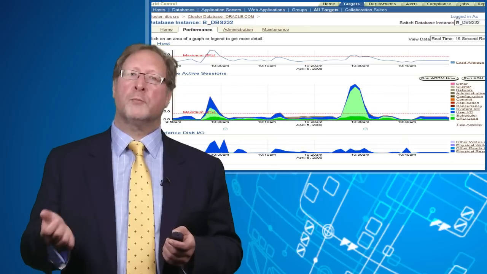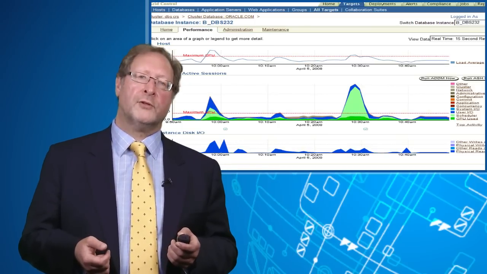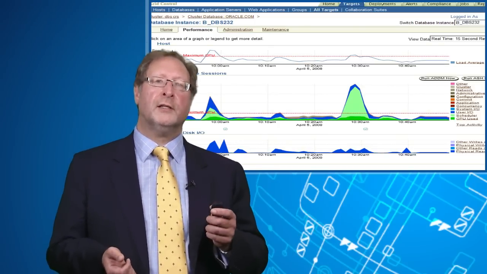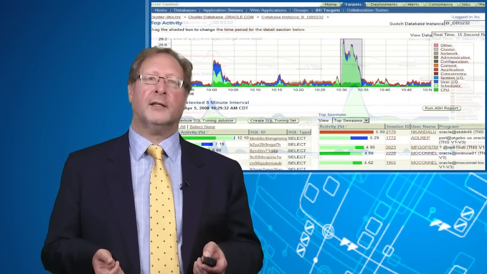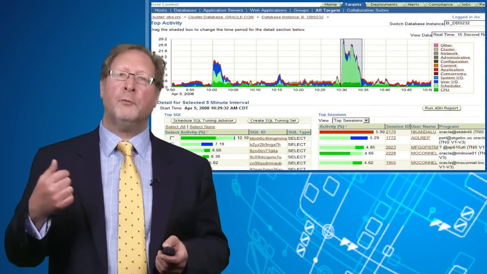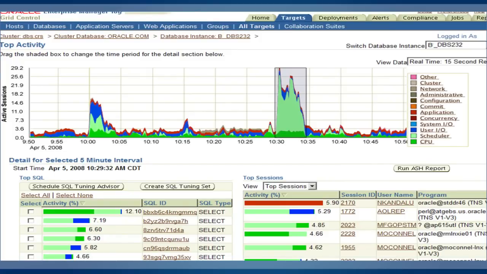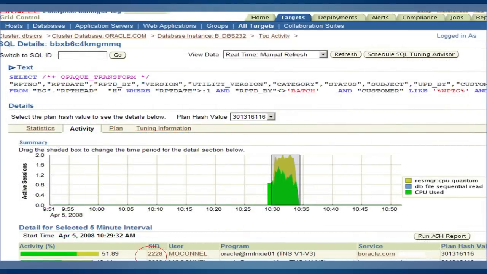So the resource manager was actually limiting the operations on the database at this time. Then we can drill down into seeing what exactly was the cause of that being CPU bound during that time. Again, here we can clearly see that there was one of the SQL statements that was consuming a lot of the CPU in this case.